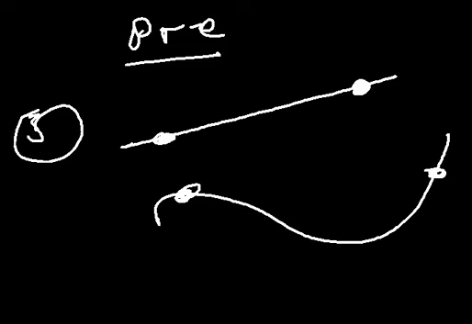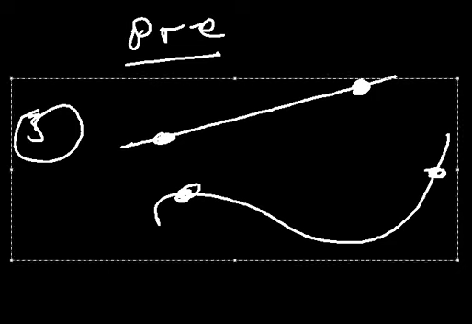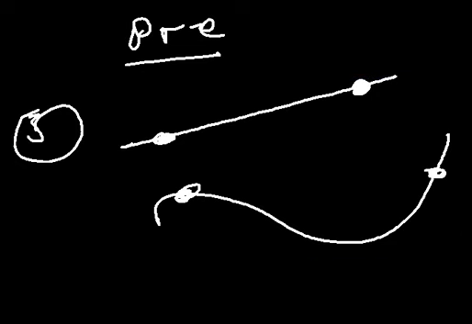Hence, there is a need to use calculus to find the length of that particular curve. Also, pre-calculus mathematics cannot help you find the gradient of this curve, because this curve keeps on changing.